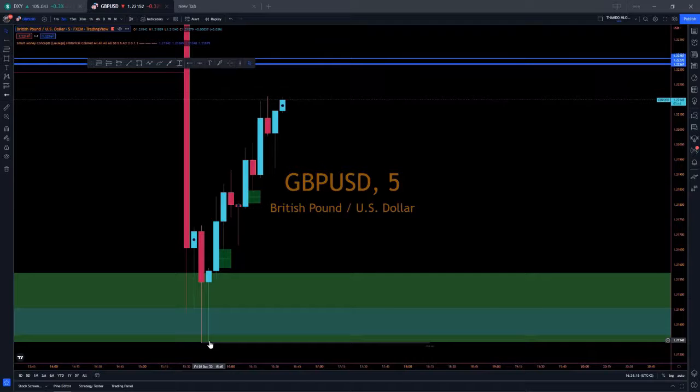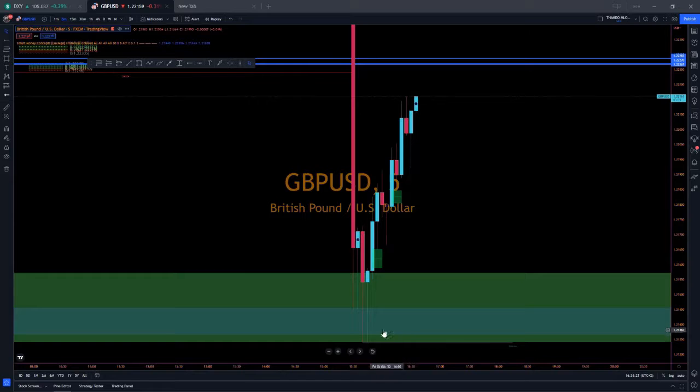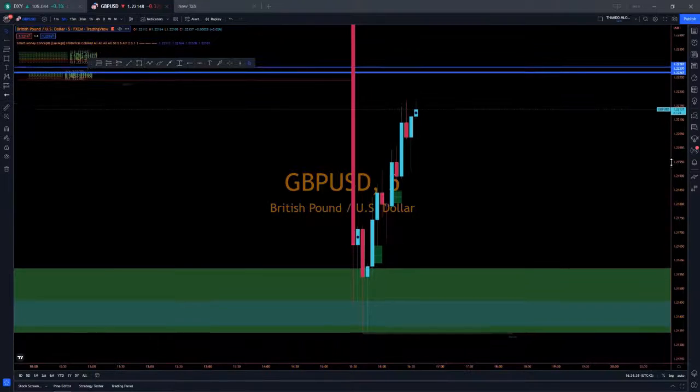When it tested there the fourth time, I wanted to enter my position right over here, though I couldn't enter it there. So I decided, you know what, let me just let it run a little bit. The moment I saw that they were about to go up, I entered my position right over here, and I was also looking at the 1 minute time frame. So I entered my position here without a stop loss.